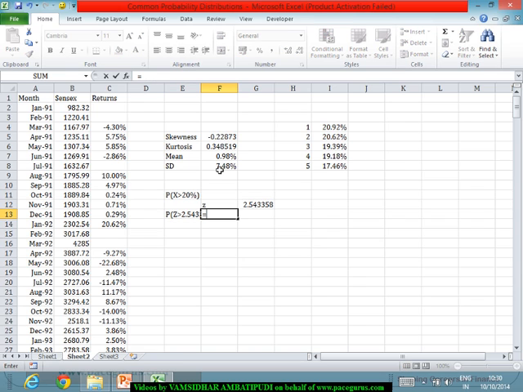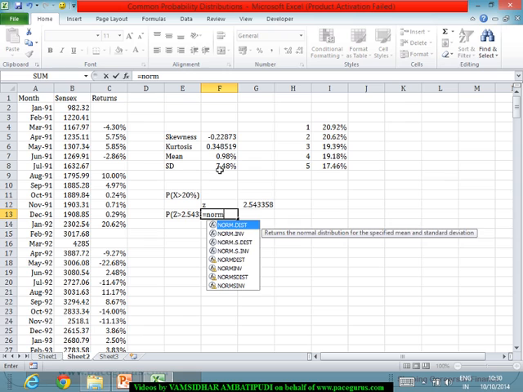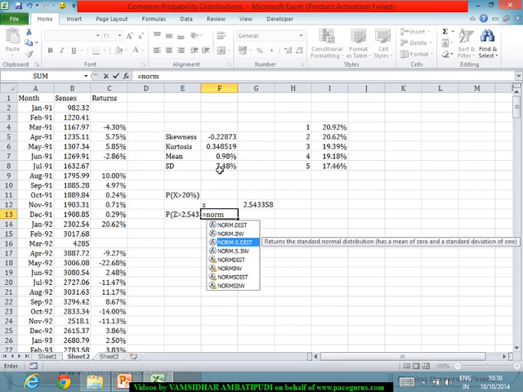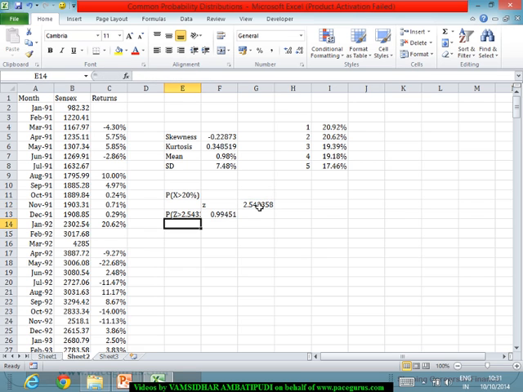And probably if I look here, there is something called NORM.S.DIST, which gives me the value of the probability right from the extreme left. So here, just to showcase, this is my z, and I take it as a cumulative distribution function.